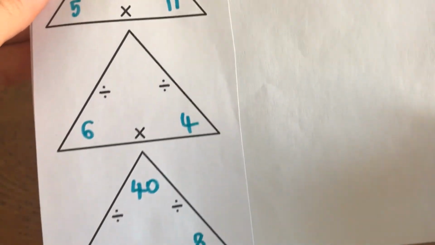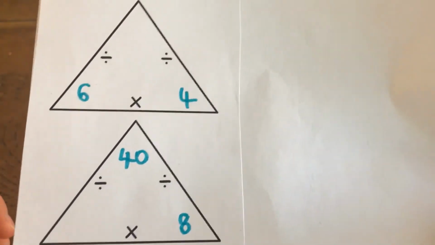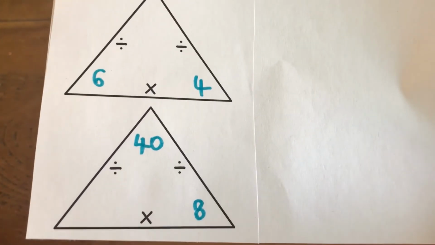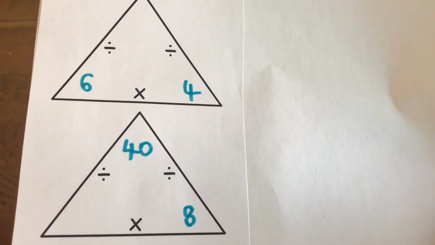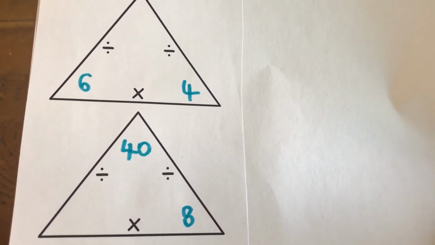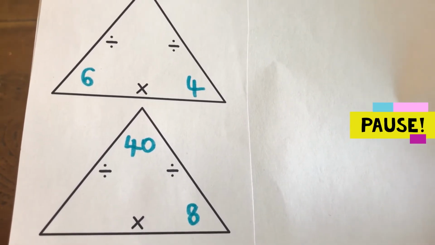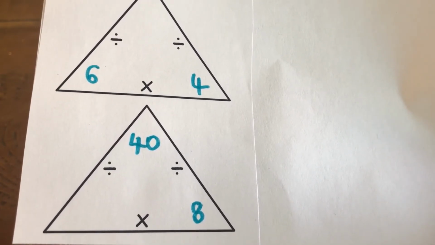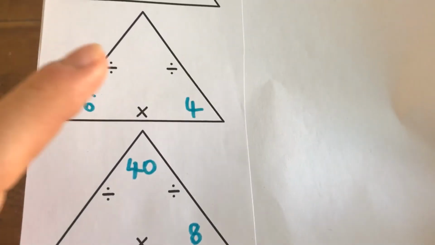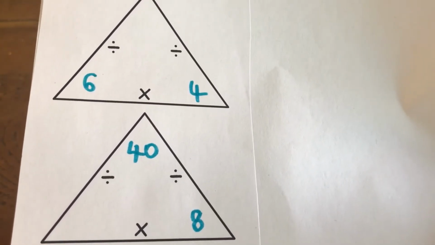All right, let's try our missing number ones. So make sure you pause to either write down or say out loud the answers to these ones, but you need to work out the missing numbers. So please do pause so you've got time to work it out. Okay, we're going to go through the answers to this first one. So what is the answer to 6 times 4?